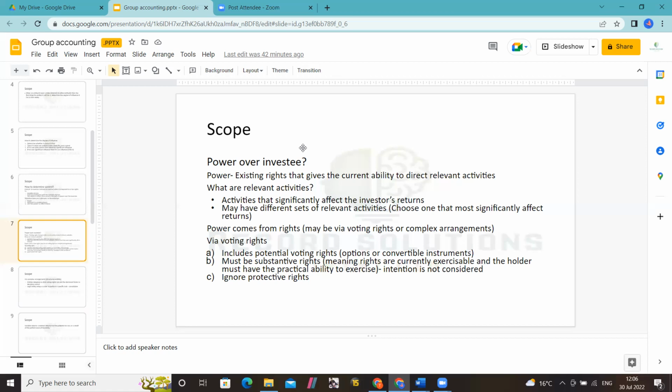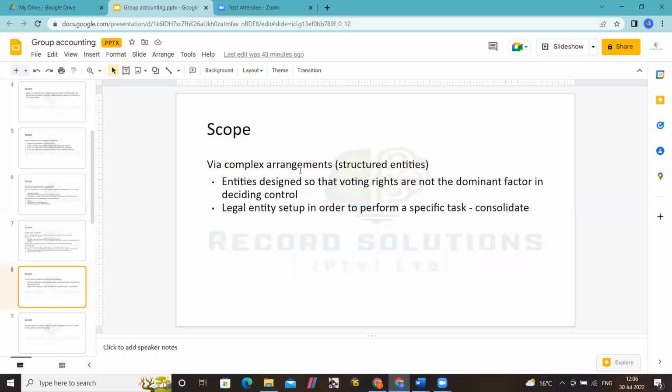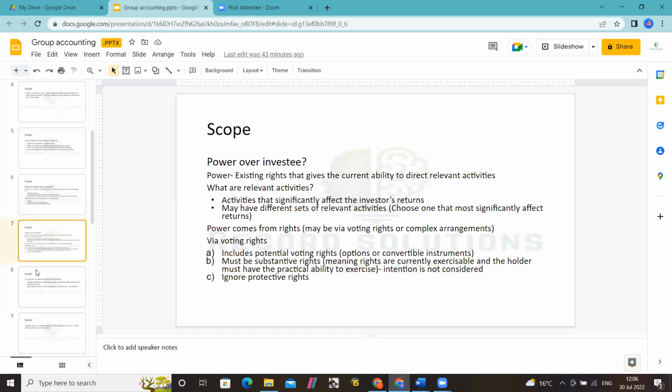It's 100%, right? And out of 100%, definitely A does not have a majority share, so definitely A does not control the entity. It does not have power over the investee, because you're still determining power. And then for complex arrangements, like I said, they are just entities designed so that voting rights are not the dominant factor in deciding control, right? So you're just going to decide them using these relevant activities.